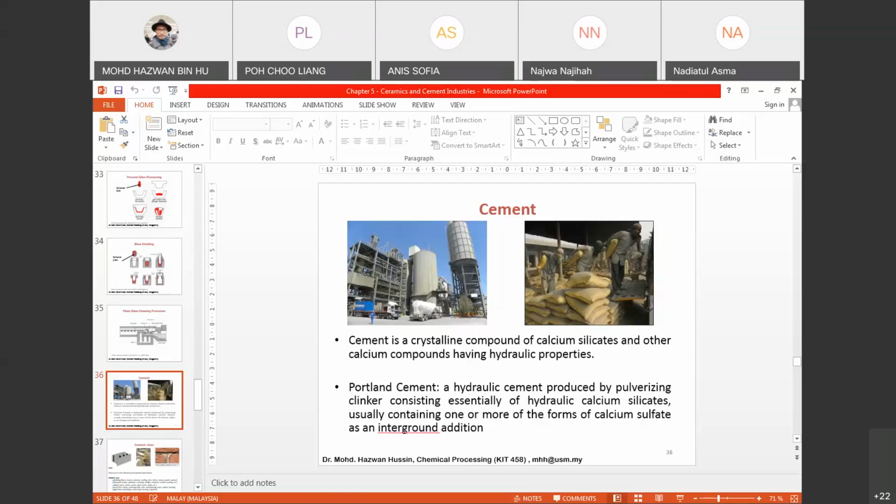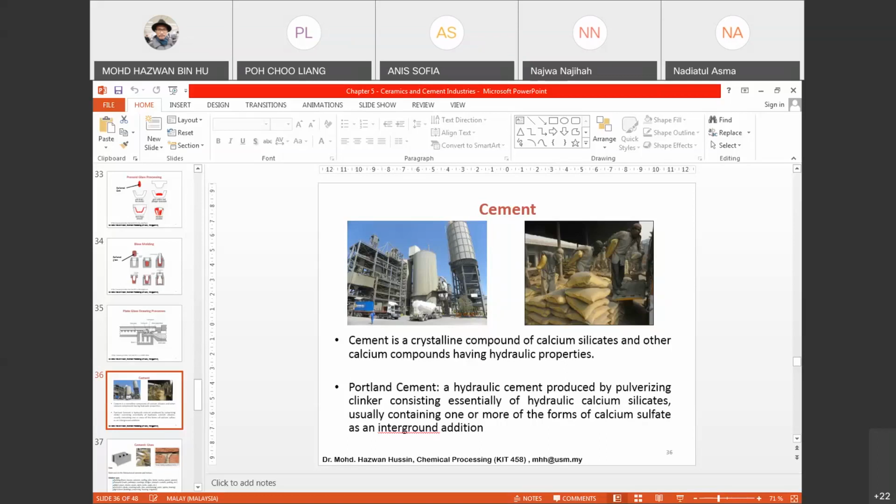The main ingredient to produce cement is basically calcium silicates, I mean the silicates SiO4 and calcium silicate CaSiO4. This is actually the main ingredient for the cement because it's quite durable, quite hard in properties, and most of the cement should have a hydraulic property.